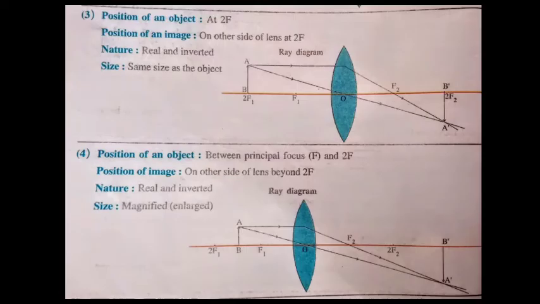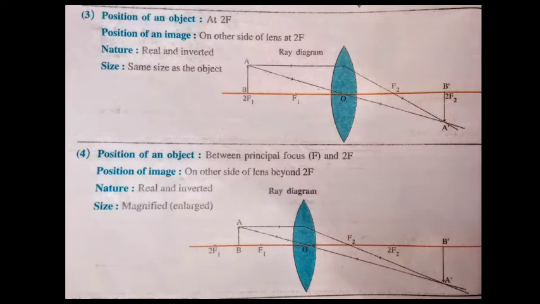Now, let us take another case in which the object is at 2f. How is the image formed? When you keep the object at 2f, we take two rays at minimum. One, coming from A and incident on the lens, after refraction meets at the A dash point.